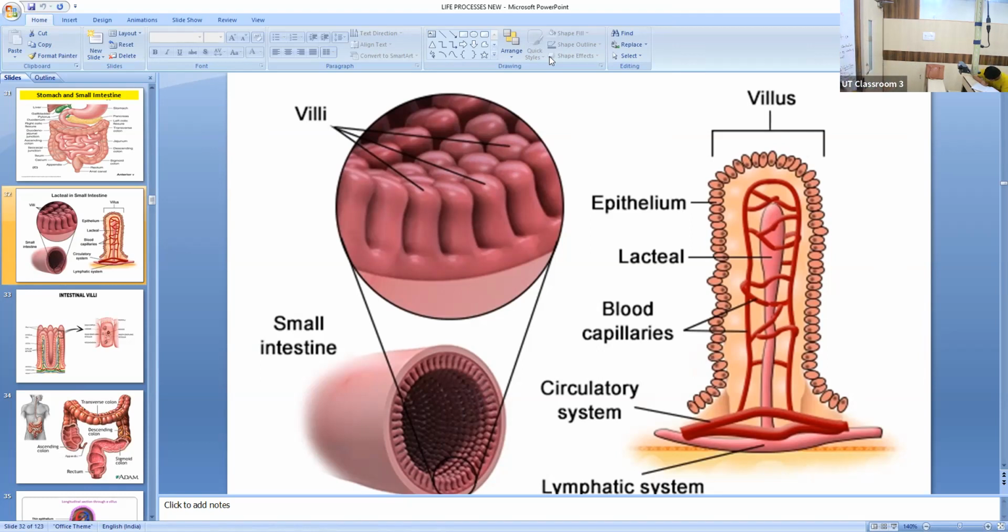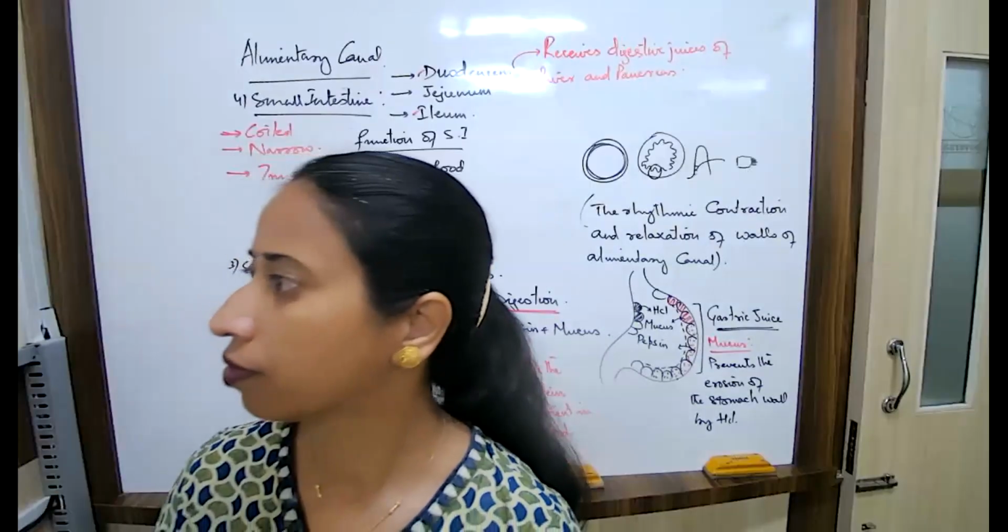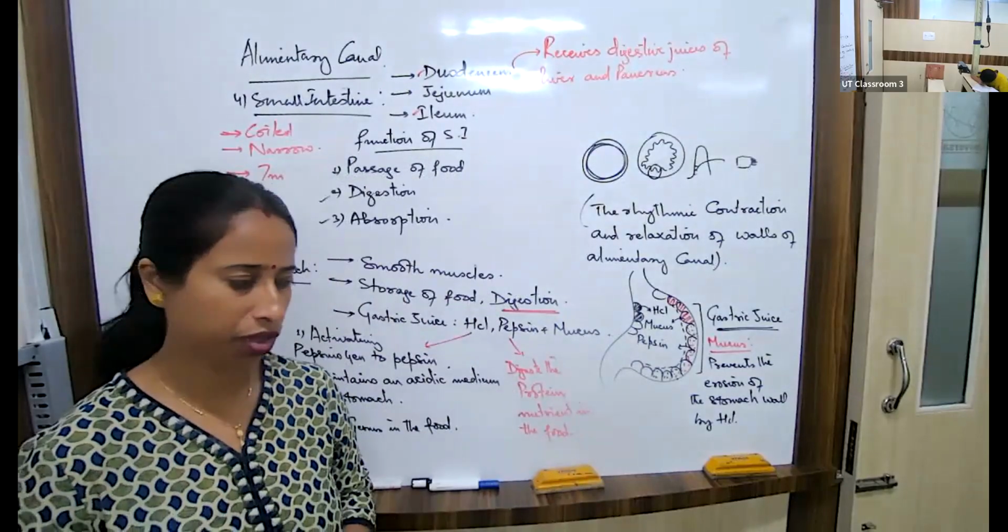Can you remember all the 3 points? Ma'am, I can't see the board. I've not written anything on the board. I asked you to write down those 3 points. I did not write anything.